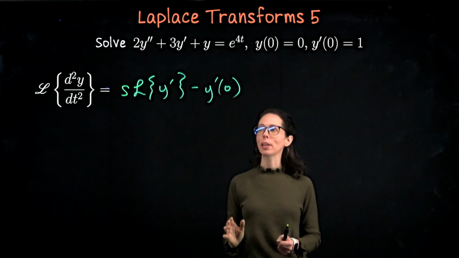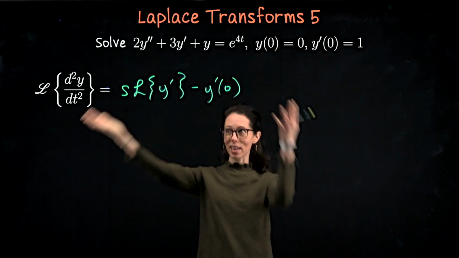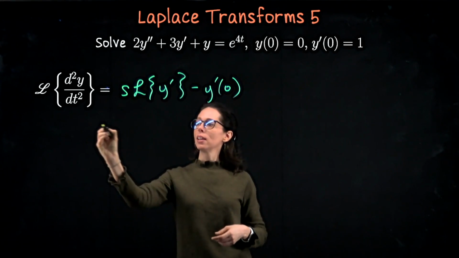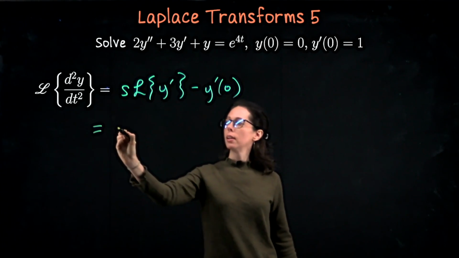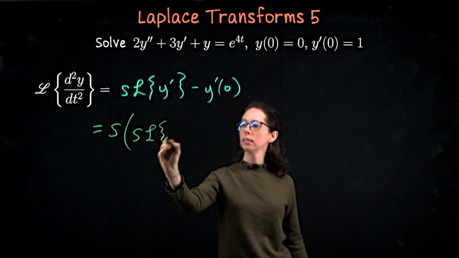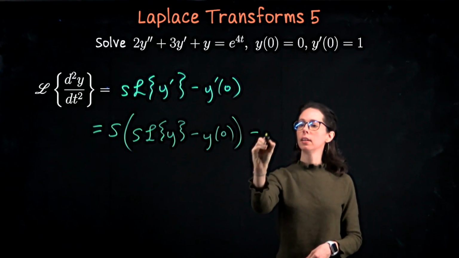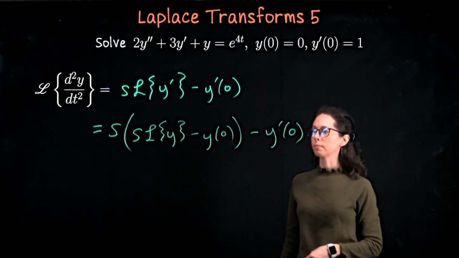Okay, but we're not done because we would actually like to put everything in terms of the Laplace transform of y. So let's use exactly this approach to replace the Laplace transform of y prime. That's going to be s times the Laplace transform of y minus y at 0. You can see it's the exact same formula, minus y prime at 0. And we're done.